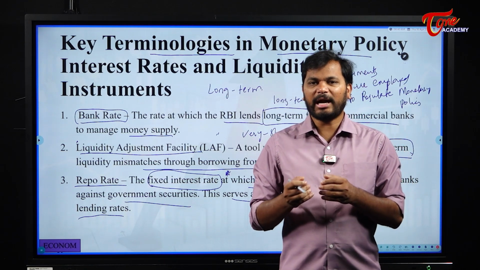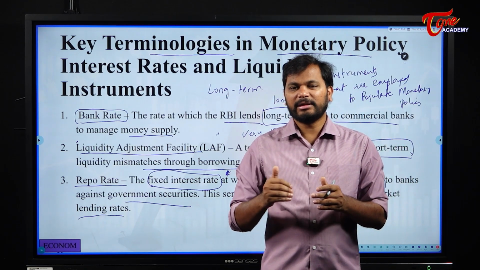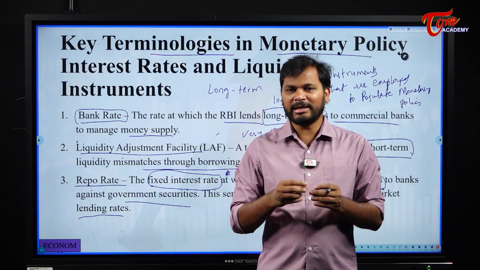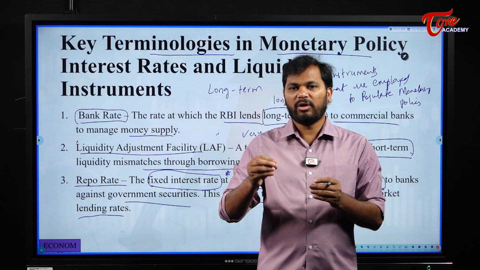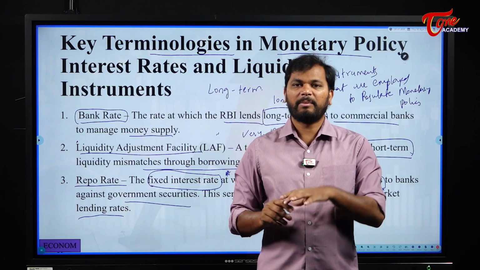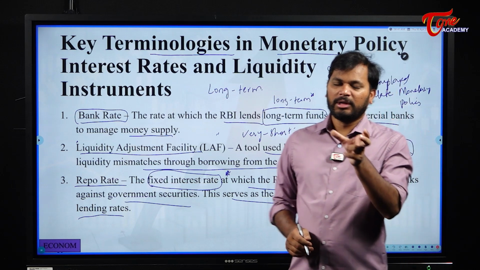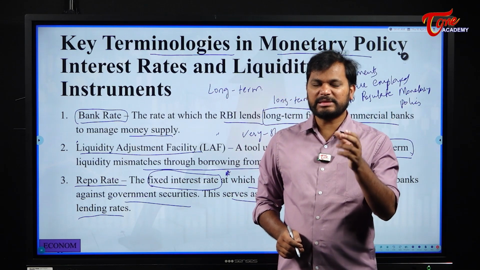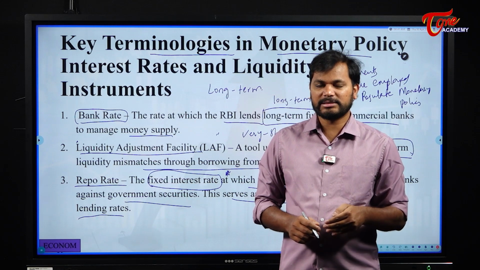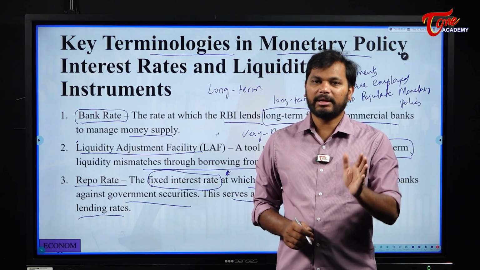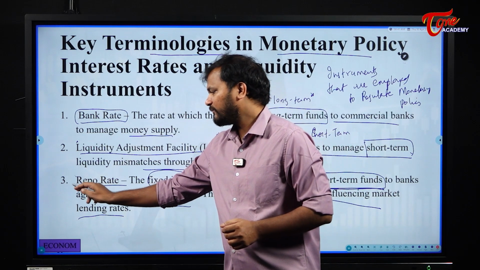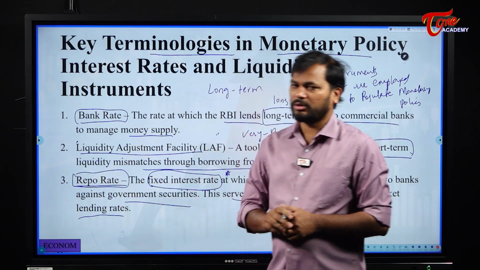So for that purpose, the interest rate given to depositors might decrease, or the interest rate on loans the bank provides might increase. So the repo rate will influence the policy lending rate of the banks, which might increase. Clear?